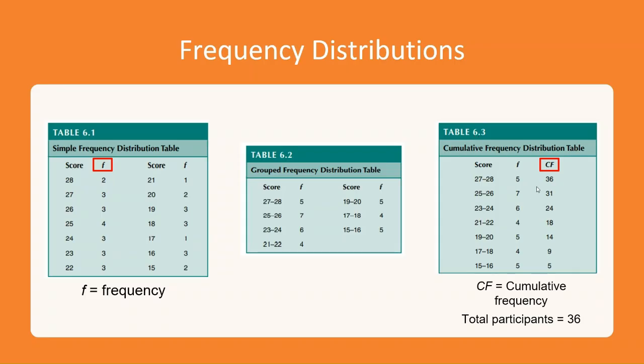This doesn't just show the frequency of each individual score, but it also adds up the frequencies from the previous scores as you go up. So by reading the cumulative frequencies from bottom to up, we can quickly figure out the total number of participants. So in this case, we can see that there are 36 participants in total.